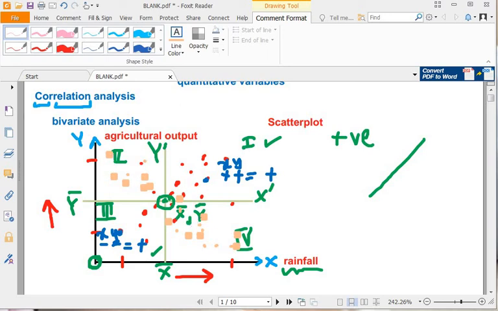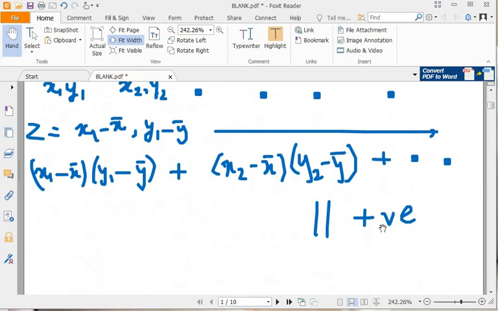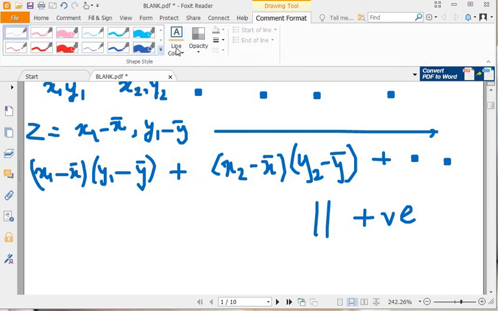So the way in which you find this value, if I write that down in short, it would give you something like the summation of i equal to 1 to n.